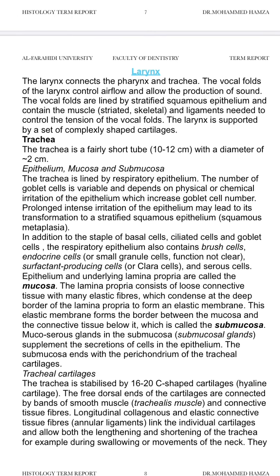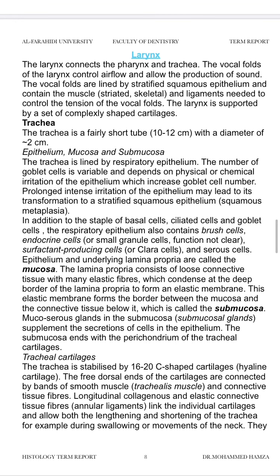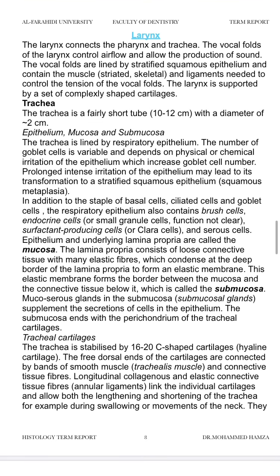We have the trachea. The trachea is a fairly short tube, about 10 to 12 centimeters long, with a diameter of 2 centimeters. Epithelium, mucosa, and submucosa. The trachea is lined by respiratory epithelium, and the number of goblet cells is variable, depending on the physical and chemical irritation of the epithelium, which increases goblet cell number.